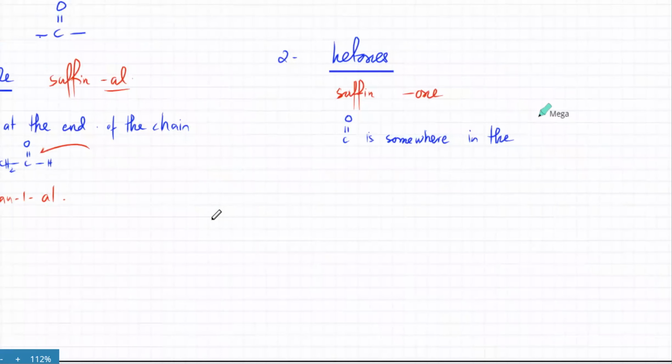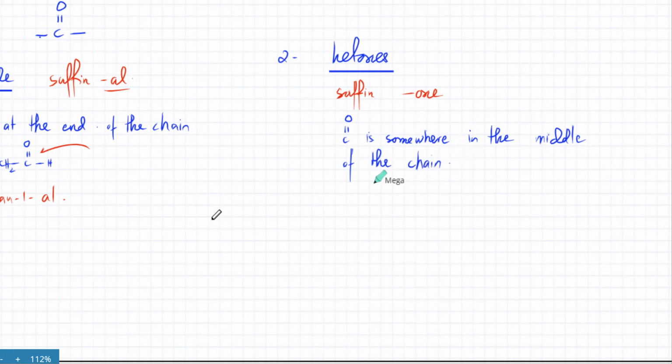Yes, Hamza. So if it has to be somewhere in the middle of the chain, does that mean the smallest compound won't be methanone or ethanone? Yes. So it's got to have a carbon chain on this side and on the other side as well.